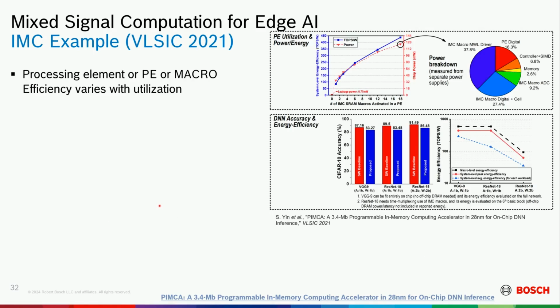I like his paper because it also points out a few things about efficiency. In in-memory compute, I think we went over the fact that with larger arrays you amortize the energy of the ADC. You want to have big MAC arrays in memory compute. But then efficiency varies with utilization: how much of the MAC array are you using to do your compute?